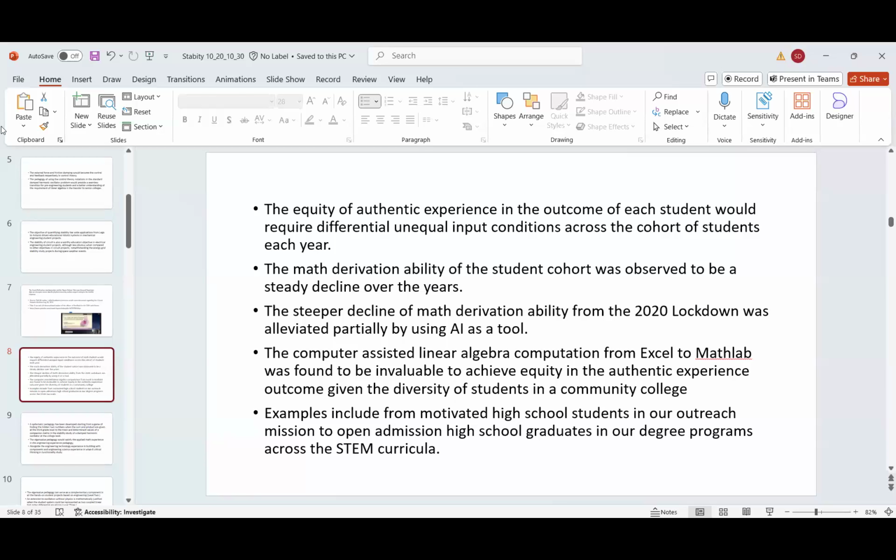Computer-assisted linear algebra computation from Excel to MATLAB was found to be invaluable to achieve equity in authentic experience outcome, driven by the diversity of students in the community college. Examples include motivated high school students in our outreach mission to open admission high school graduates in our degree programs across the STEM curriculum.